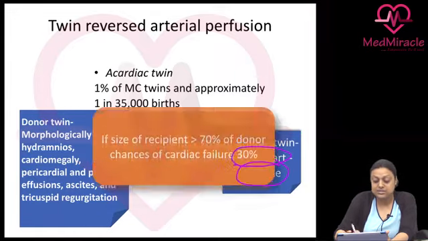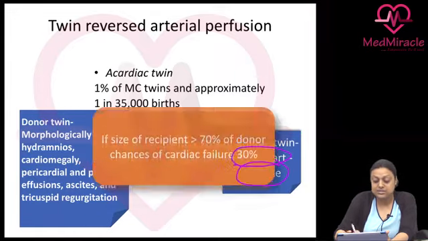So there is a twin which is the donor. From here, the vessels are anastomotic with the vessels of the recipient twin, and the blood flow to the recipient twin is just going into the lower limbs of the fetus without any flow into the upper limb. That is, beyond the thorax, there is no blood flow, because of which the recipient twin is acardiac. That is, doesn't have a heart.